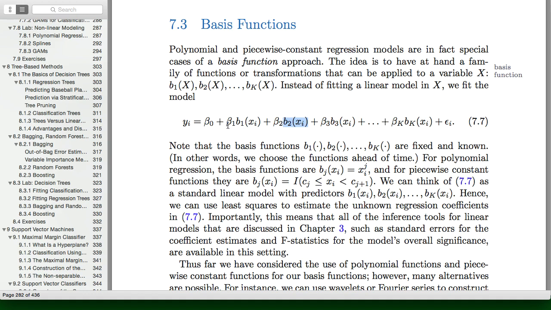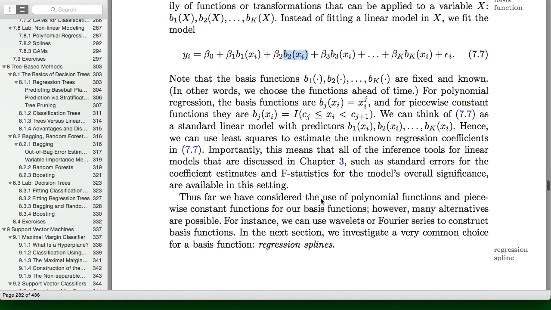We're always estimating the beta in these, so we can apply some previously decided on function in here. And in the next video we're going to look at a couple of examples of those, regression splines and smoothing splines. So thanks for your attention, and I'll talk to you again.